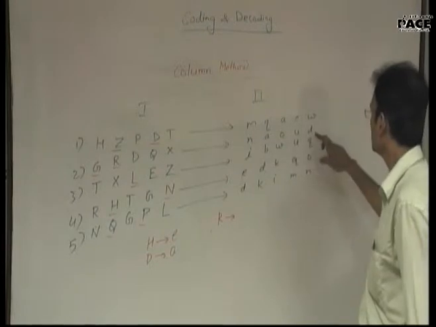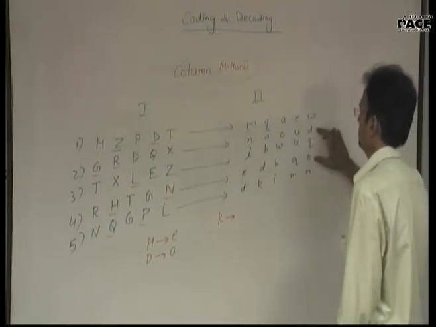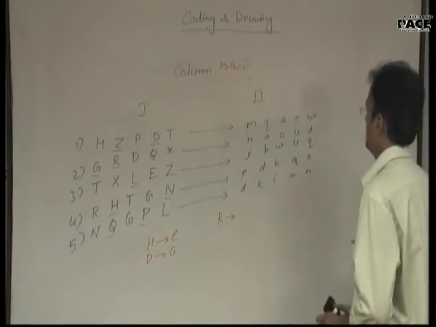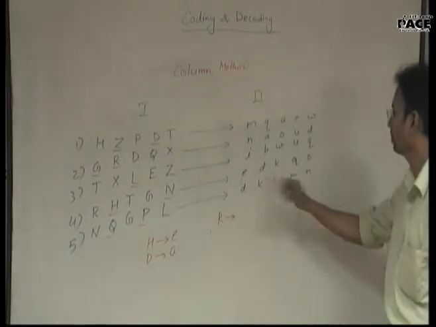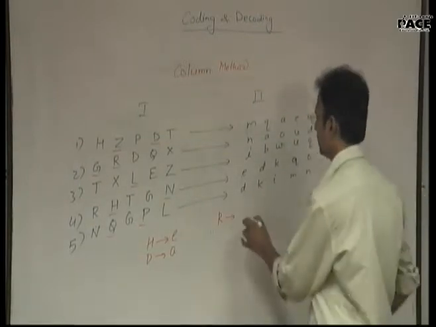So here we can see in second and fourth, the common is O and D. But D is here also. So value for R will be O.